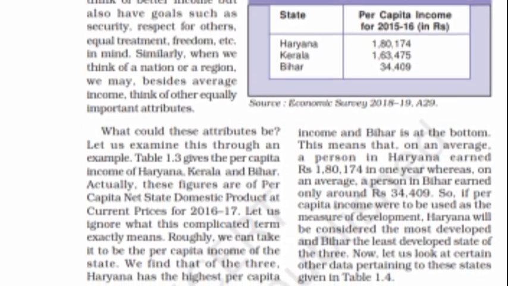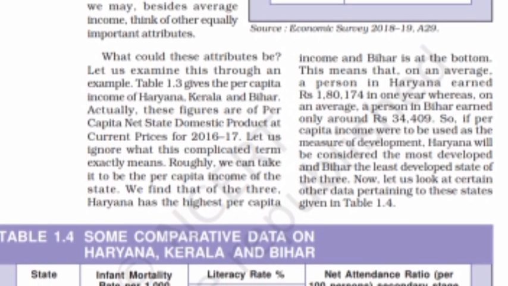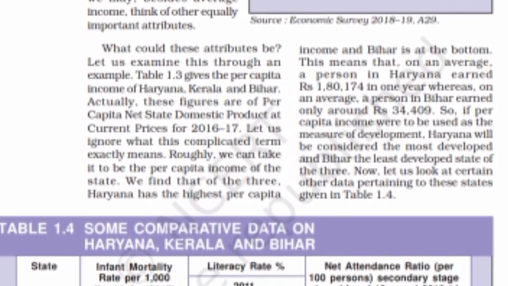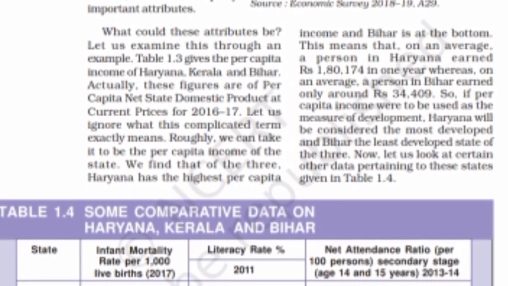If per capita income were used as the measure of development, then of the three states we already discussed, Haryana, Kerala and Bihar, Haryana would be considered the most developed and Bihar the least developed state of the three.